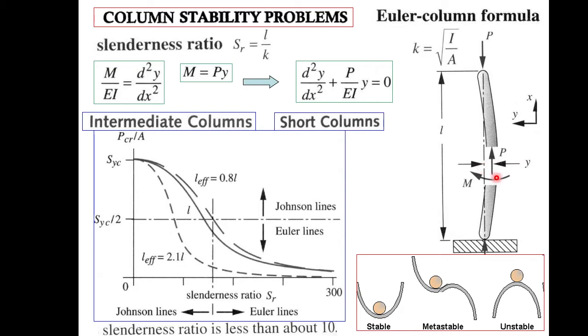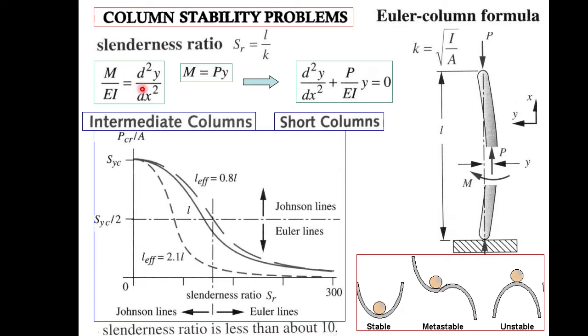To understand why this moment is coming: at this point the line of action of P is here, and at this point the line of action of force P has an eccentricity y. So P into y is our moment, and M by EI is d2y/dx2. Do you know that Euler-Bernoulli beam equation, right?